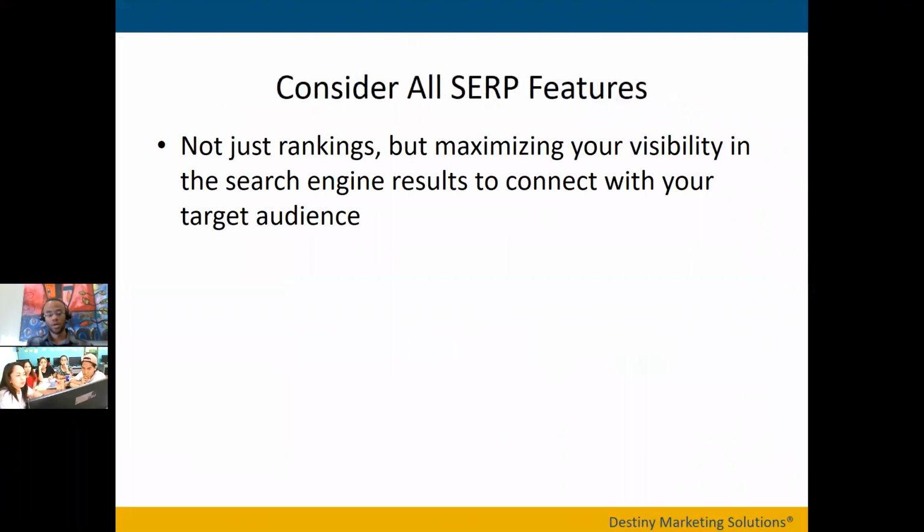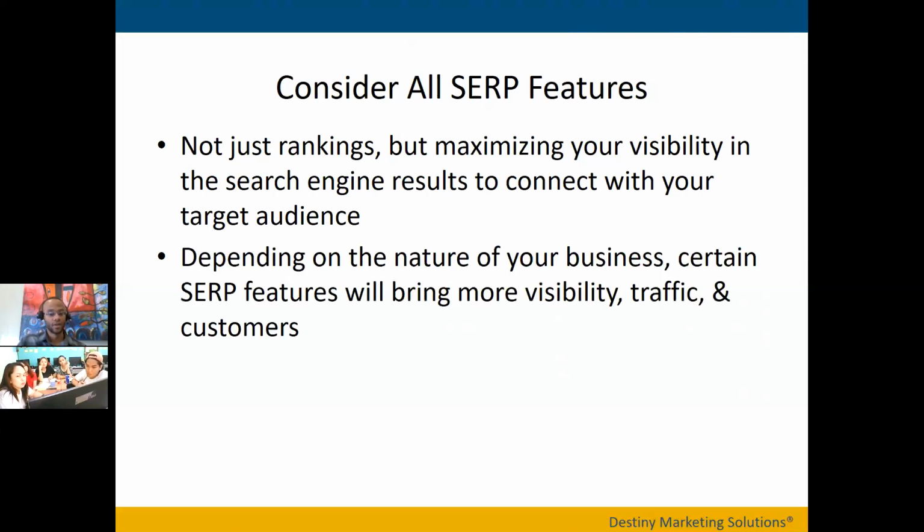So we have a few more minutes, so I'm going to try to wrap things up here. Consider all of the search engine result page features when you're doing competitor analysis, because SEO rankings are important, but it's more about maximizing your visibility so that you can connect with your target audience.